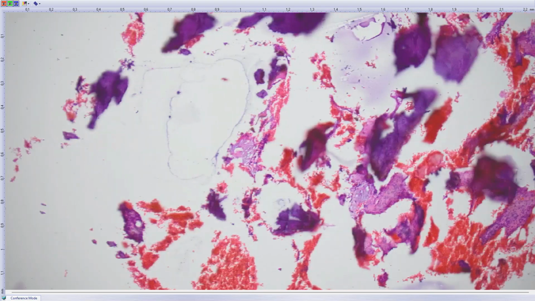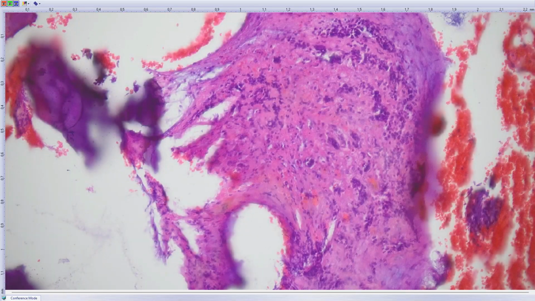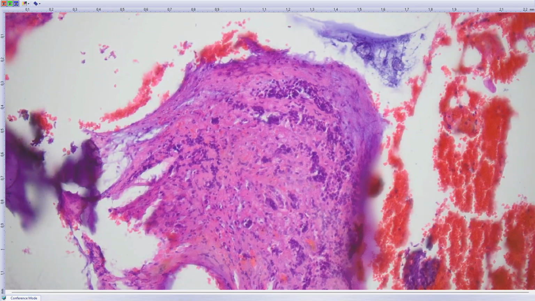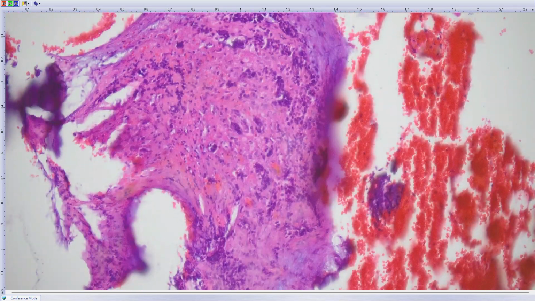But there are better areas somewhere. Okay, here. So yeah, it's hard to tell apart from lymphocytic infiltration because it's crushed.